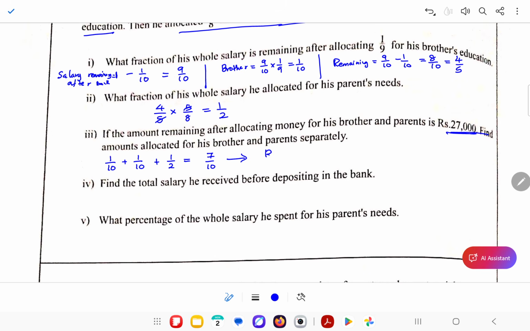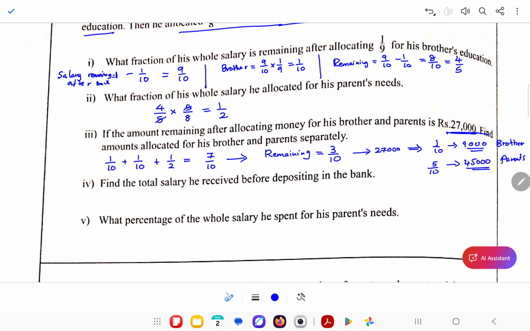So the remaining amount is 3/10 of his whole salary. So 3/10 is 27,000. That means 1/10 is 9,000. So that is the amount for the brother. Then for parents, half, no? So 5/10. So 45,000 was given for parents.